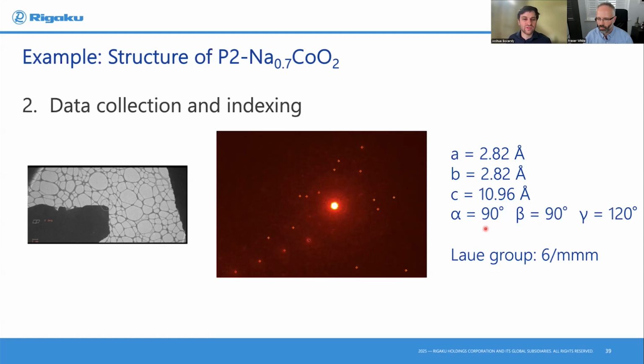Just a note here, because of dynamical diffraction, oftentimes in the indexing procedure, you won't necessarily be able to definitively find a space group right away at this stage. The reason for this is twofold. One of them is that with dynamical diffraction, you can get intensity in positions that would otherwise be absent, systematic absences by the space group. So there's some ambiguity in the space group determination due to that.